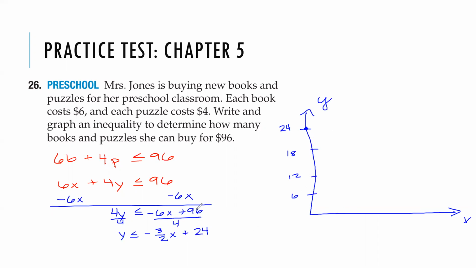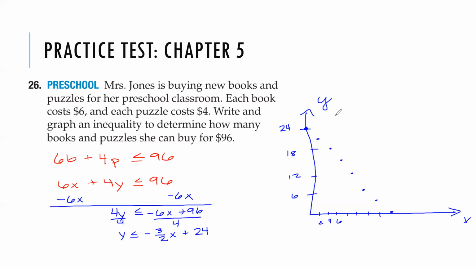And then my slope is going to be negative 3 over 2, so down 3. Let's say each of these are 2, like this. So down 3 over 2, down 3 over 2, and so on.